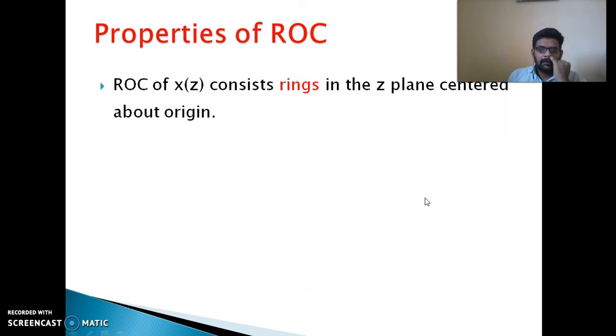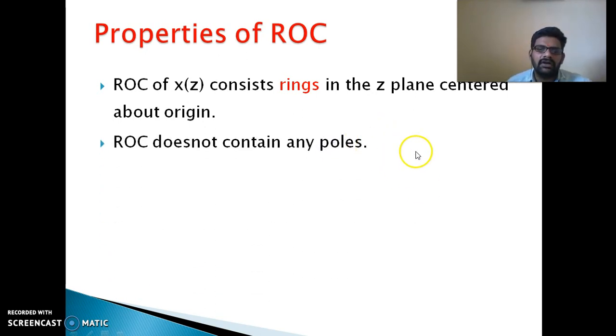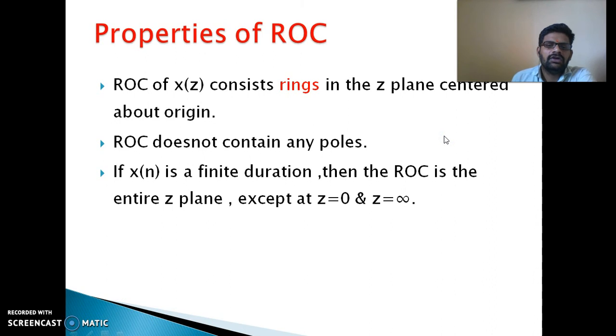So the ROC consists of rings in the Z plane centered about the origin. ROC does not contain any pole. The same statement exists in the S domain, the S plane also. Some small definitions will occur here, so don't worry, while taking problems you will come to know the meaning of these properties. If x of n is a finite duration sequence, then the ROC is the entire Z plane except at z equal to 0 and z equal to infinity.